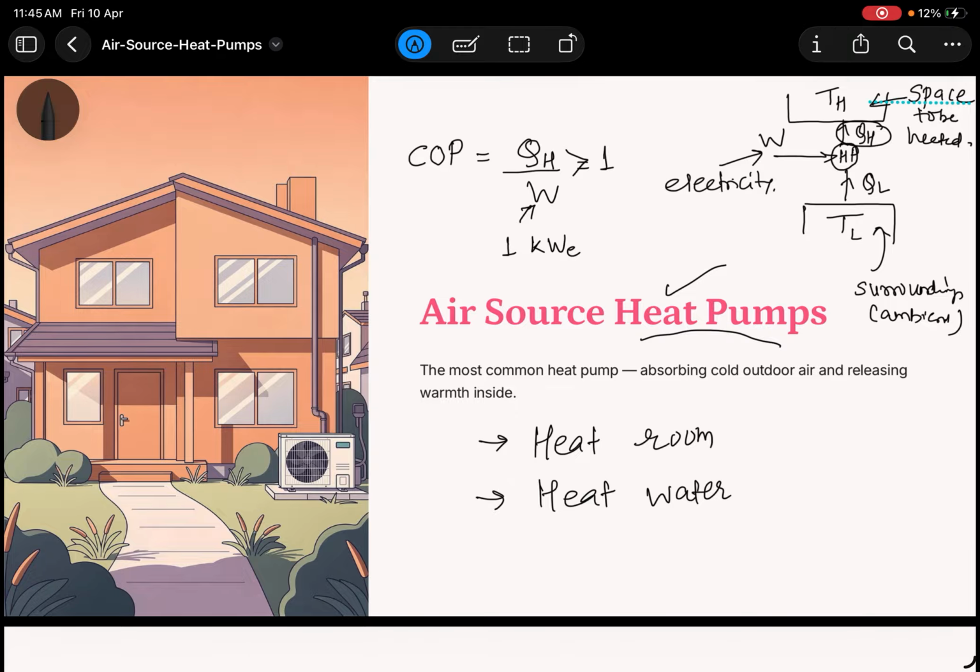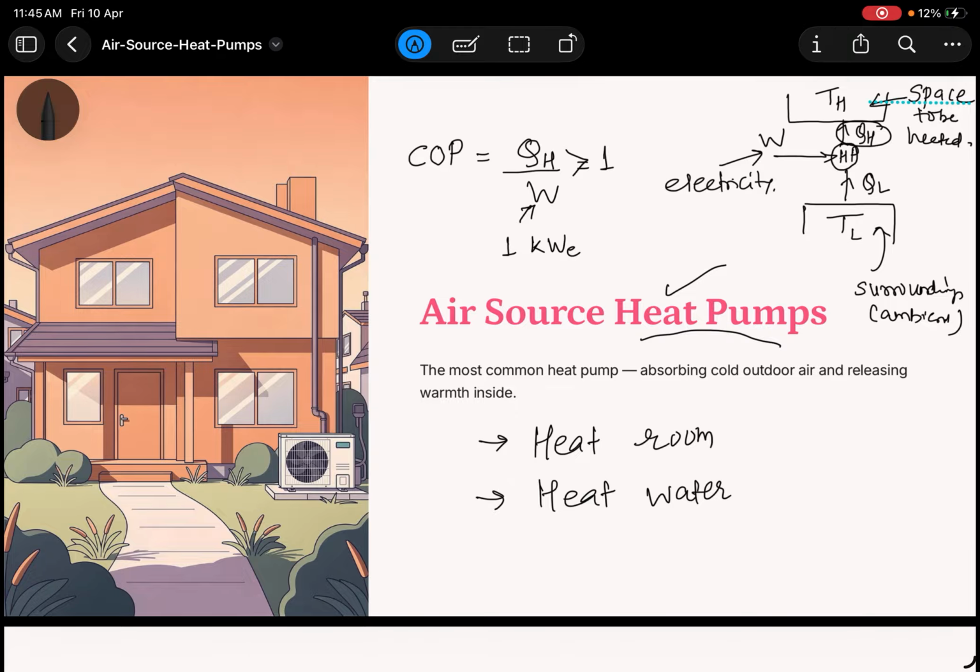Generally, for the climatic conditions which we live in, we can have a coefficient of performance equal to 3 to 4. It means that if you supply 1 kilowatt of electrical power to a heat pump, you will get the heating equivalent of 3 kilowatt thermal.